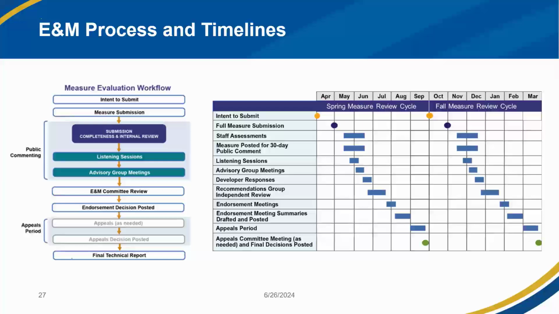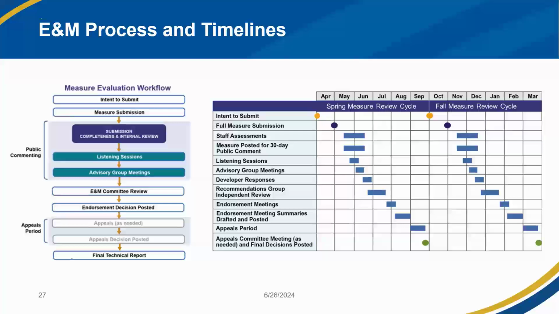From there, the Battelle team will conduct completeness checks, a process we use to ensure that the application is complete, that the attachments were submitted correctly, and all of the applicable information is showing in the application. Shortly thereafter, there will be a public comment period, which consists of an opportunity to provide both written feedback as well as verbal feedback during a public comment listening session.